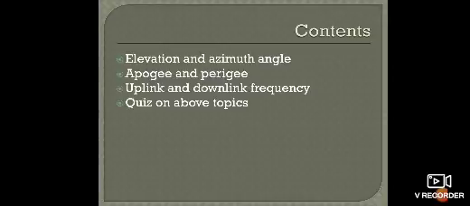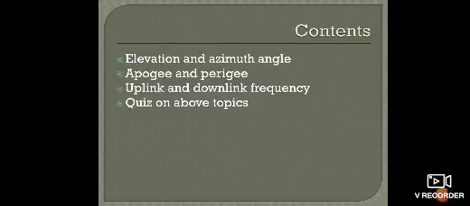And what is the need for satellite communication? We have a number of reasons to use it. In radio wave propagation, we have a number of layers above the earth's curvature.